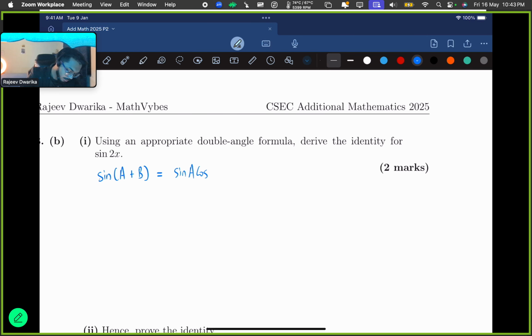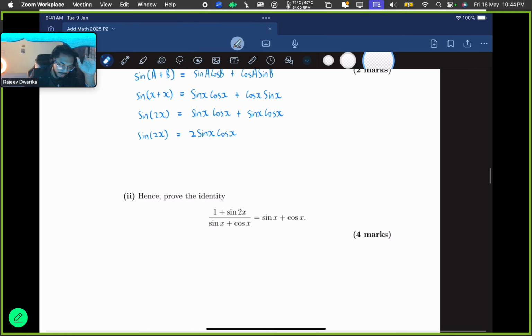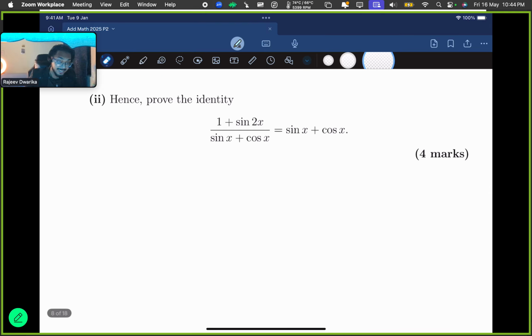Yes or no? Yes, sir. And so on the right hand side, you're going to end up with 2 sine x cos x, and that's it. Bam. Easy marks.